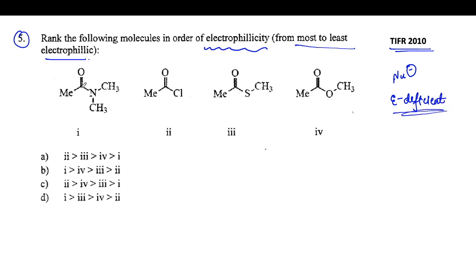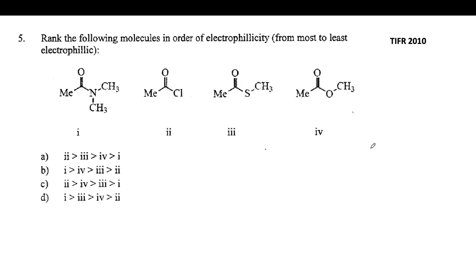All of these are carbonyl compounds, and which one is going to be the most electron deficient depends on two factors: the electronegativity of the group attached next to the carbonyl, and the resonance, that is the plus R effect as well as the minus I effect. Both of these factors contribute to the electrophilicity.